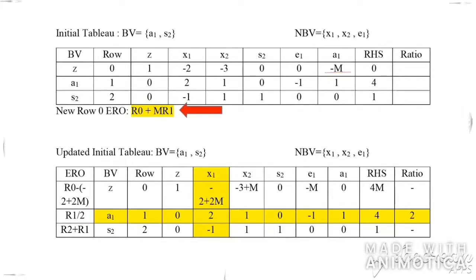As the problem is minimizing, we have to choose the most positive coefficient in row 0 as the entering variable. For the leaving variable, we choose the smallest ratio.